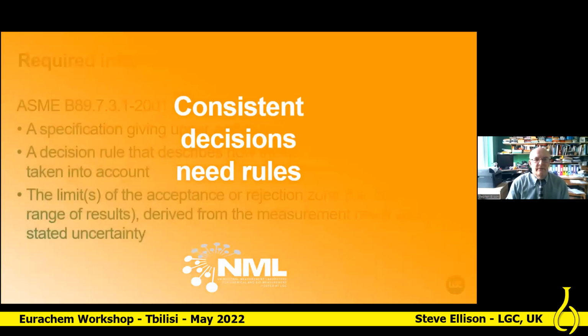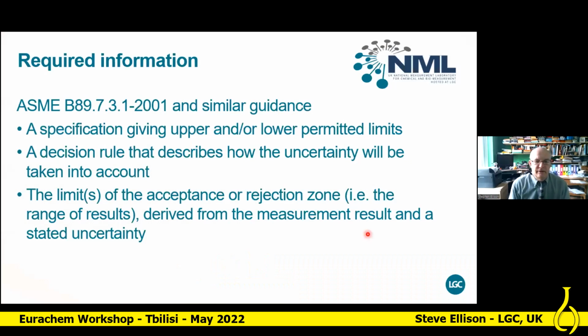Now, our guide on this topic starts with some guidance that was produced by ASME, which is an American standards group. And it asks essentially for three things. First, it asks for your specification, your product specification or your legal specification that tells you what you're allowed. And that's usually in terms of the amount of substance in your test material.